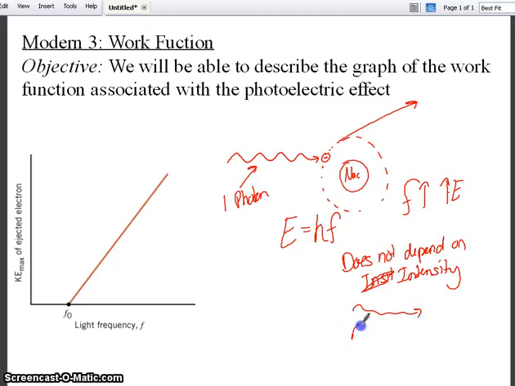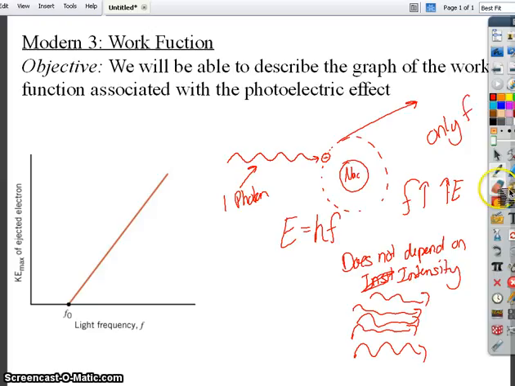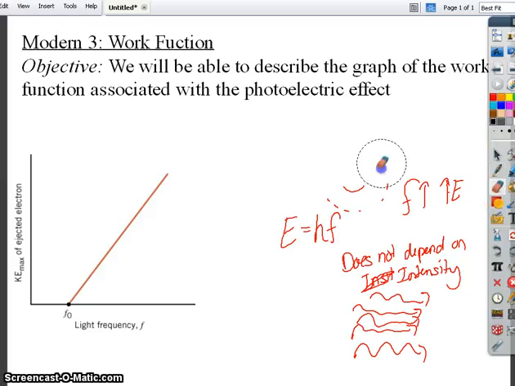That would mean you would have a lot of rays hitting you at the same time. But it does not depend on intensity because this electron is only going to absorb one photon. After that photon, it's either going to be ejected or not, but it's not going to keep on absorbing. So it only depends on the frequency. Okay, that's that.